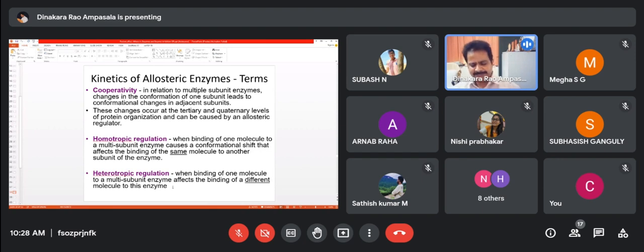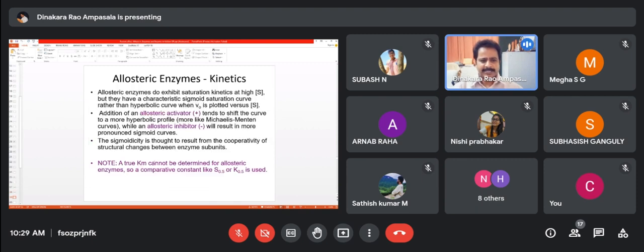This binding leads to changes in other subunits where iron can also bind, if an iron binding site is there, or glucose can bind, or FAD can also bind. That kind of change you find in this type of regulation, which is called heterotropic regulation.